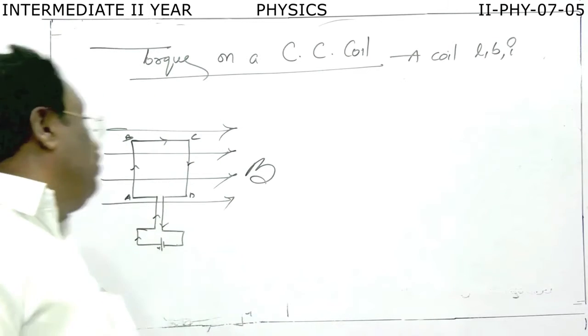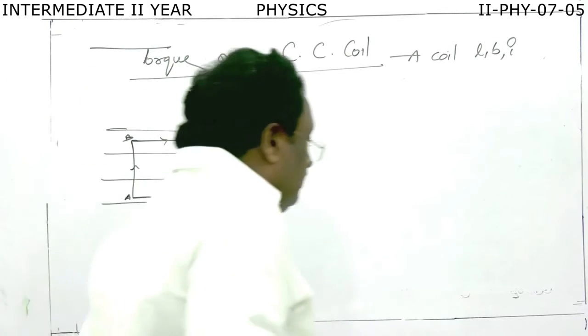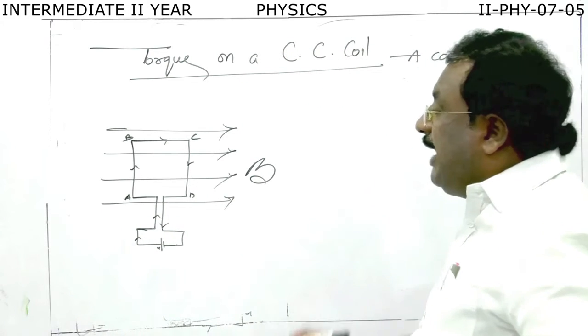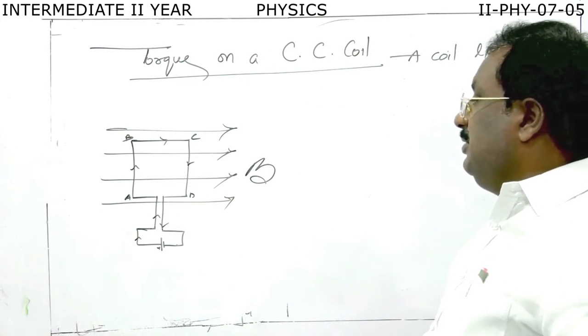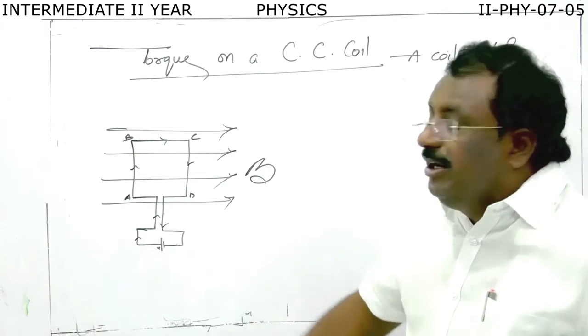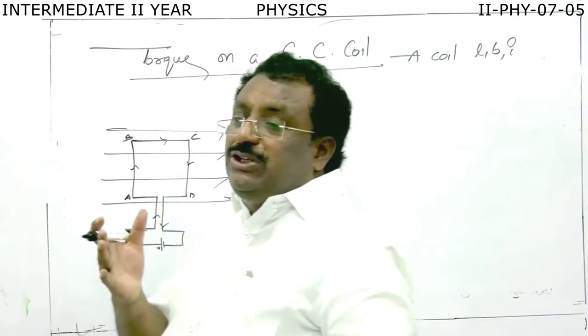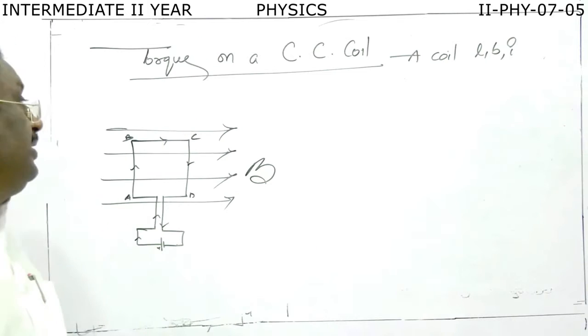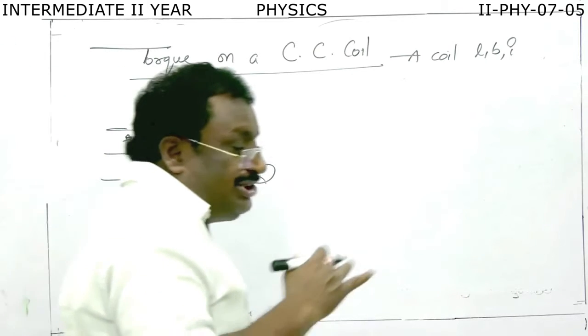When current is flowing through this coil, AB, CD is a coil. Here AB and CD are called the vertical sides of the coil, whereas BC and AD are horizontal sides.